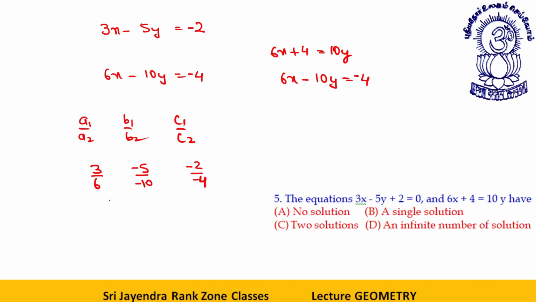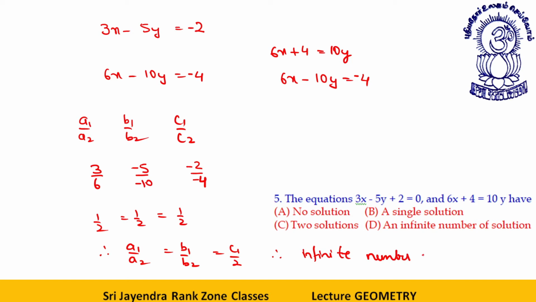Here what do I see? This is half, this is half, this is half. Therefore, a1 by a2 is equal to b1 by b2 is equal to c1 by c2. Therefore, we have an infinite number of solutions. Just pardon me for the spelling. Let's move to the next question.